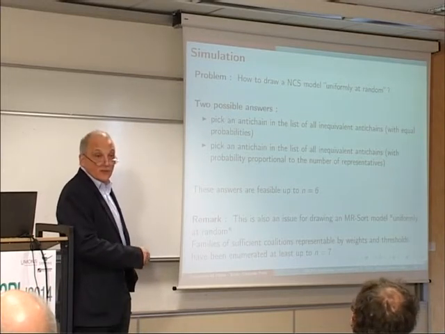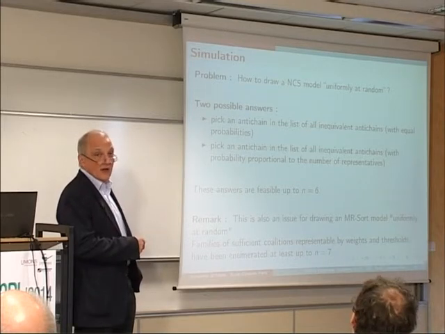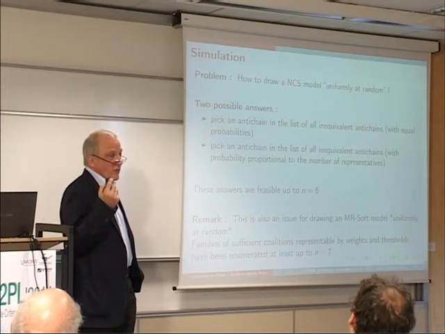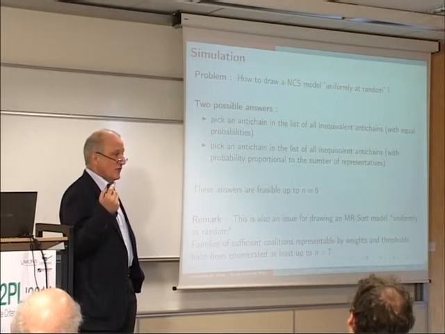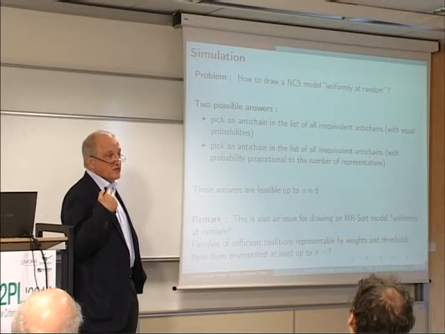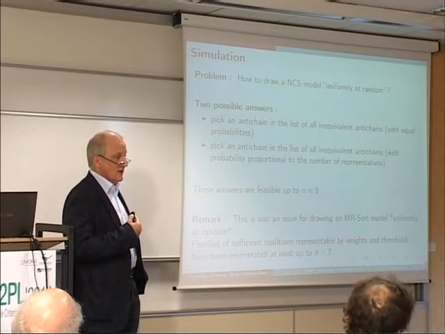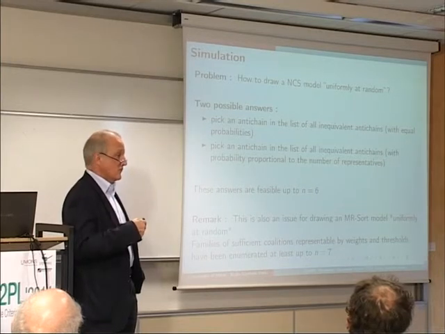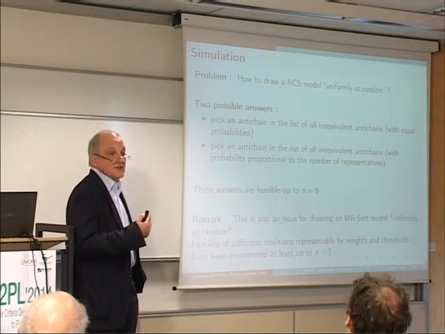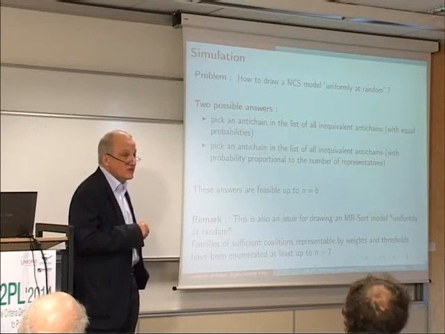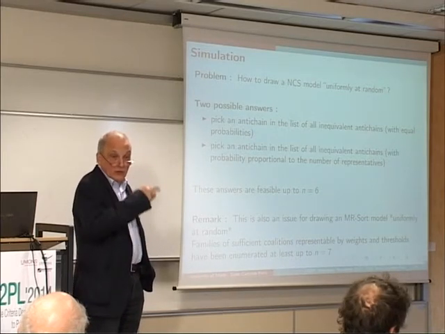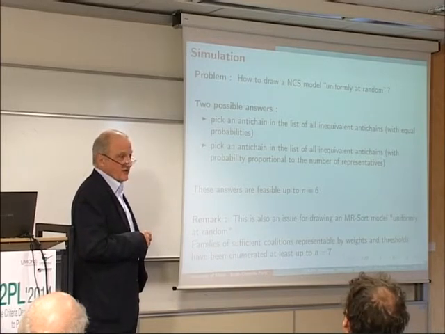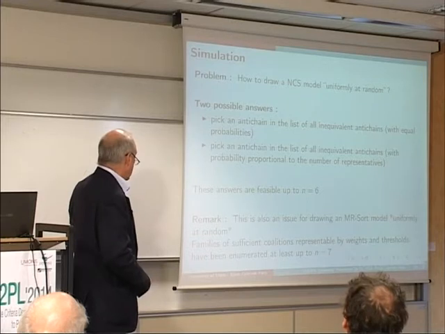Note that the problem of sampling MR-sort rules is also not very well solved, because usually for sampling those models, one samples sets of weights in the simplex and the threshold, and this induces some sort of distribution on all those rules, which is not necessarily very convincing. Okay.